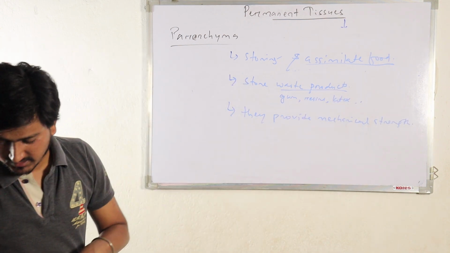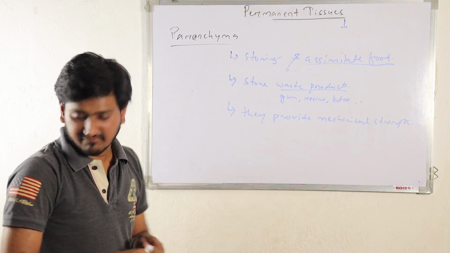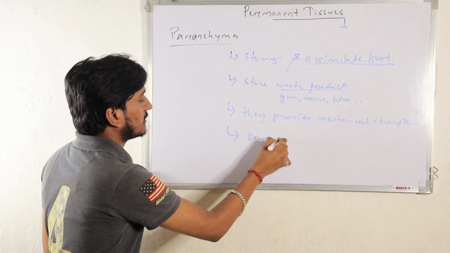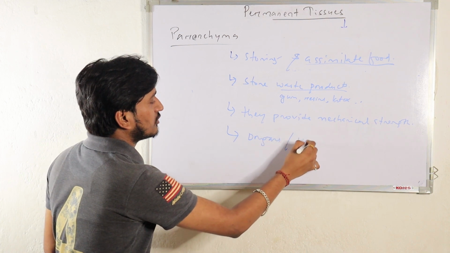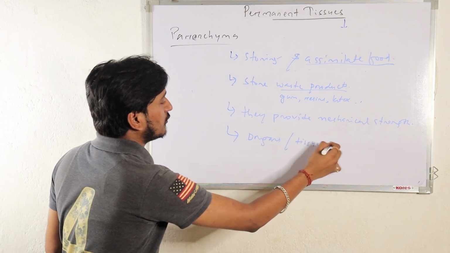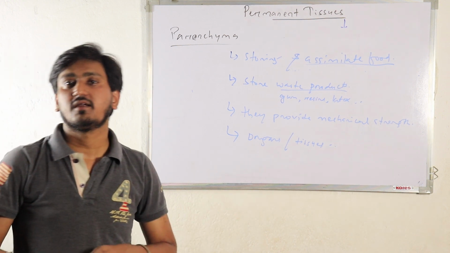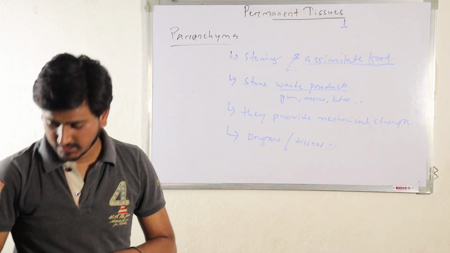Another, they will also form the fundamental organs or tissues. The parenchyma cells help in forming the different fundamental tissues or organs of the plant, and the other types of tissues.